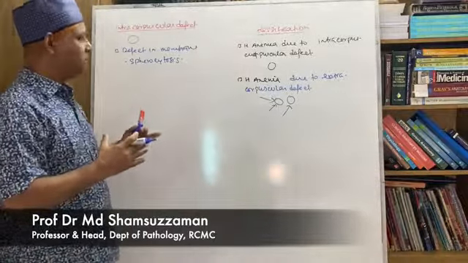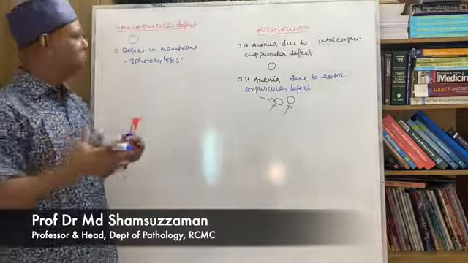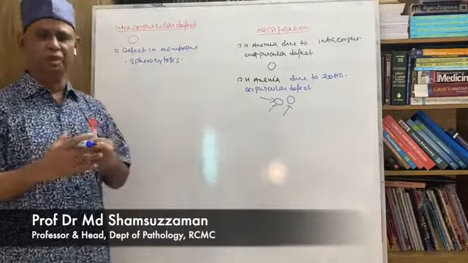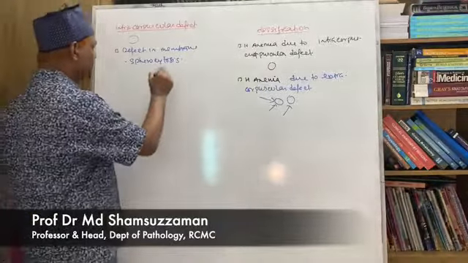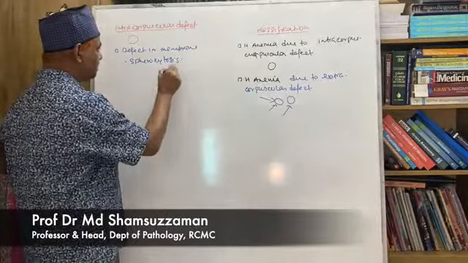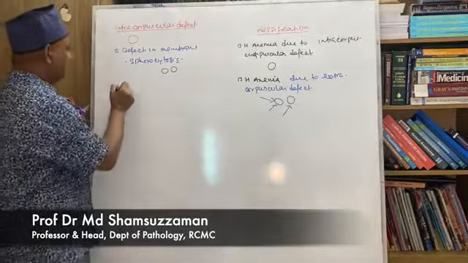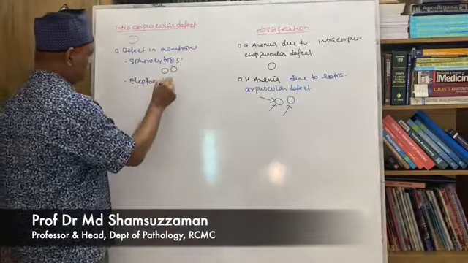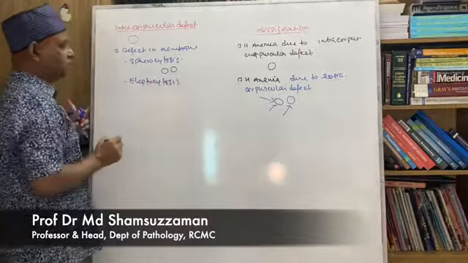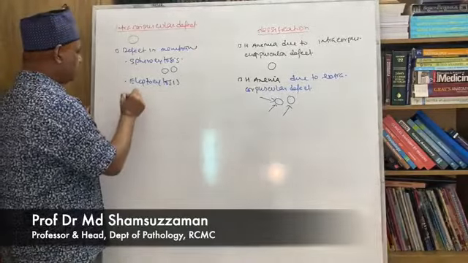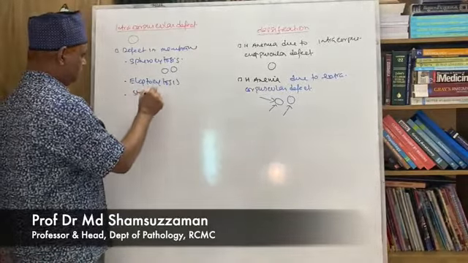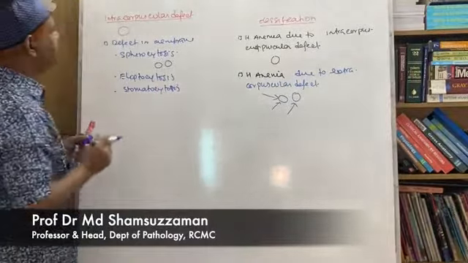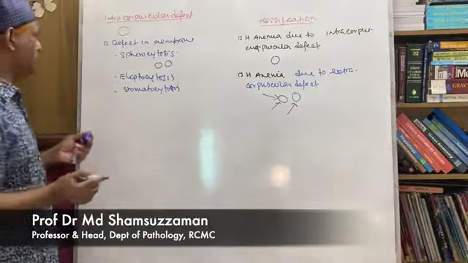If the RBC becomes sphere-like due to deficiency of spectrin, one of the cytoskeleton proteins of the RBC, this is the membrane defect. Another is elliptocytosis, where the RBC becomes elliptical, and stomatocytosis. So these are the defects in the membrane associated with hemolytic anemia.